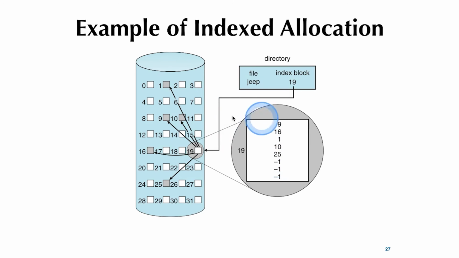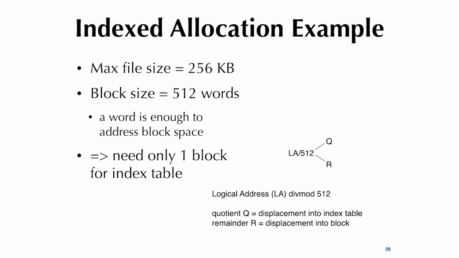So 9 points to 9, 16 points to 16. If you want, say, the fifth block, 0, 1, 2, 3, 4, 5, well, it's nil. But the third block, 0, 1, 2, 3. So once you have this index, you just go directly and fetch block 10. Okay, that's fine. And if it's -1, nil, that means it doesn't exist. So for index allocation, as long as you have access to the index, it's pretty quick.